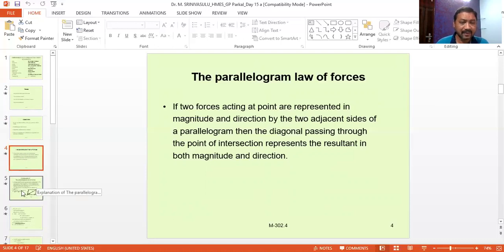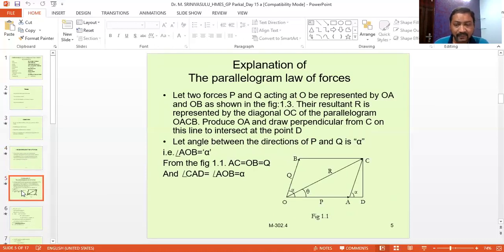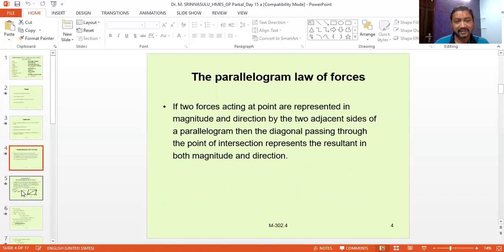So this is the definition. Here the force P and the force Q are acting at point O with an included angle alpha. The resultant of the forces P and Q, that is R, can be found by this parallelogram law of forces. Now we'll see the definition.